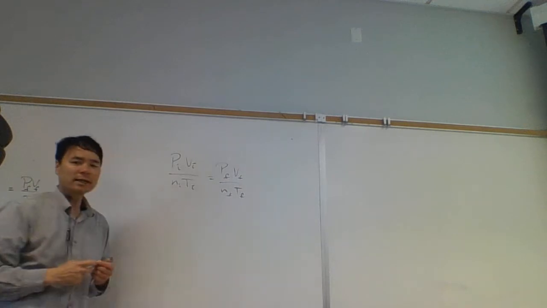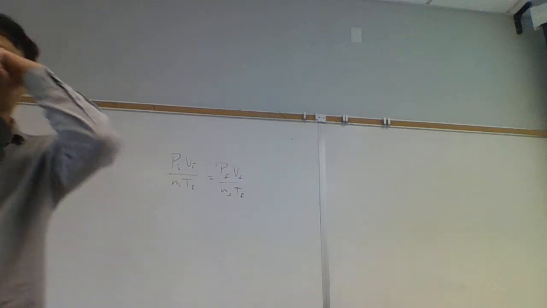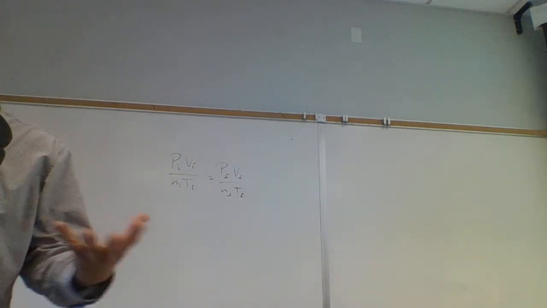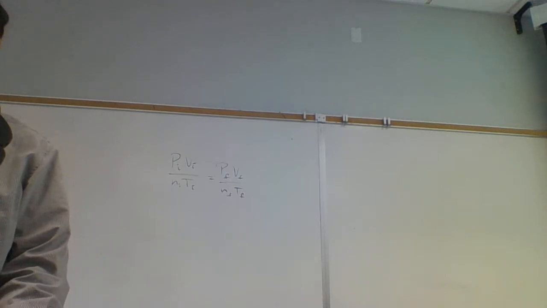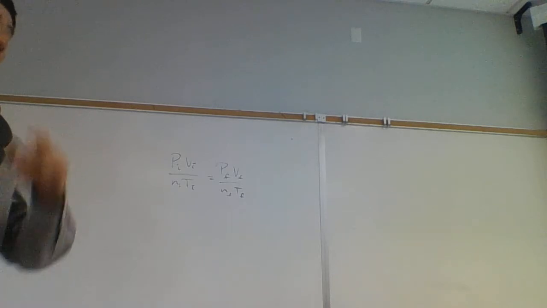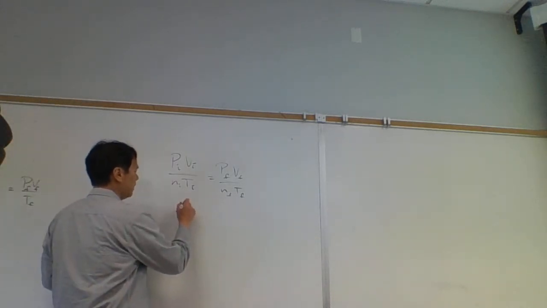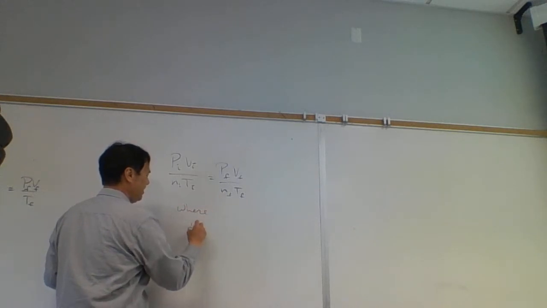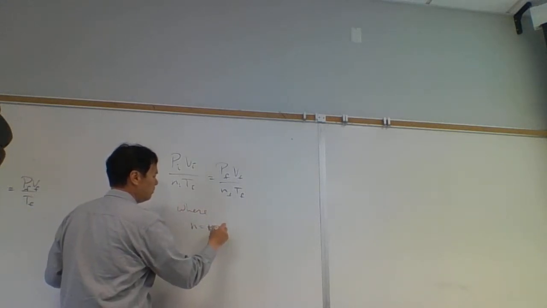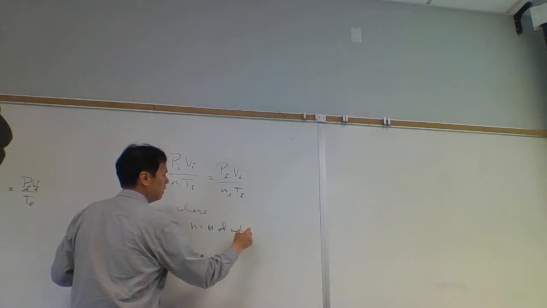So let's say you add some gas or you remove some gas. What impact will that have on the volume? What impact will that have on other things? And so we could use this equation to figure out if the number of moles of gas, n, changes.